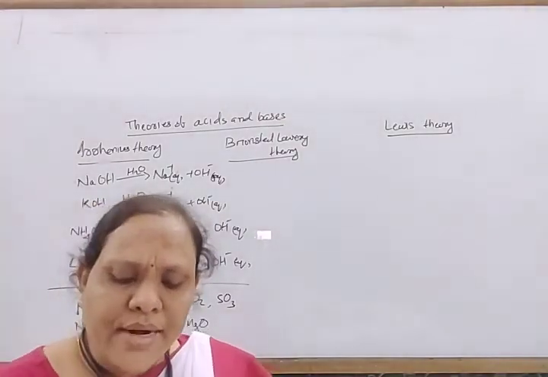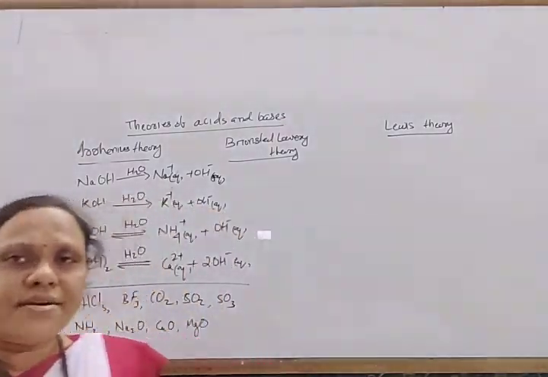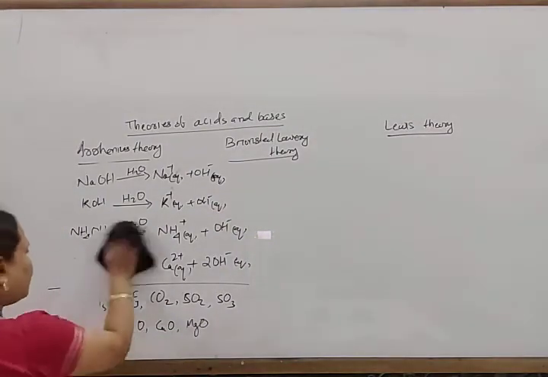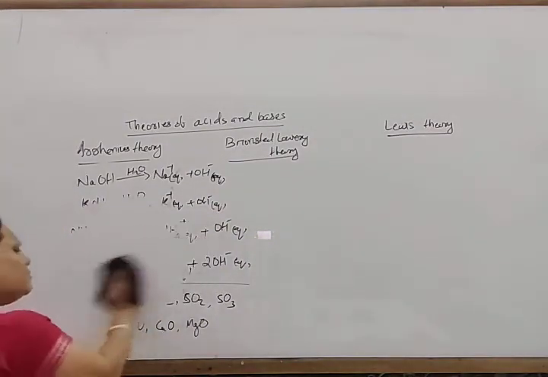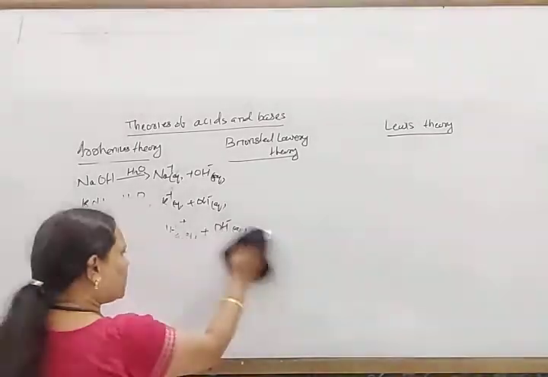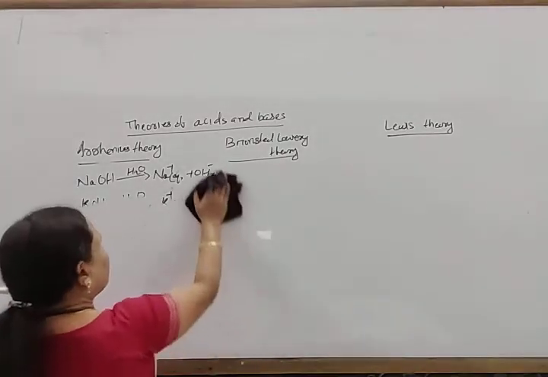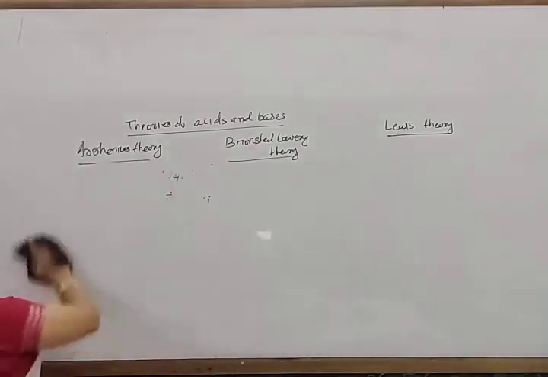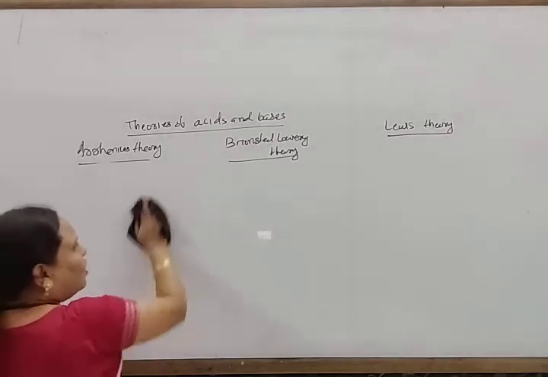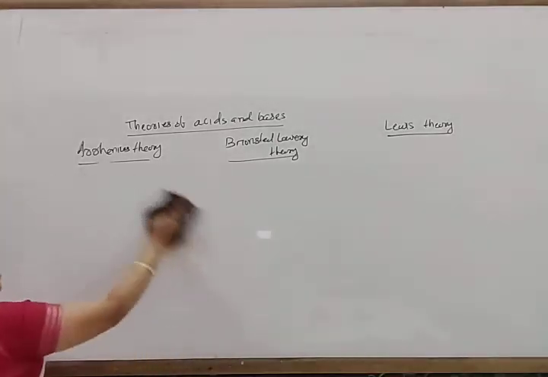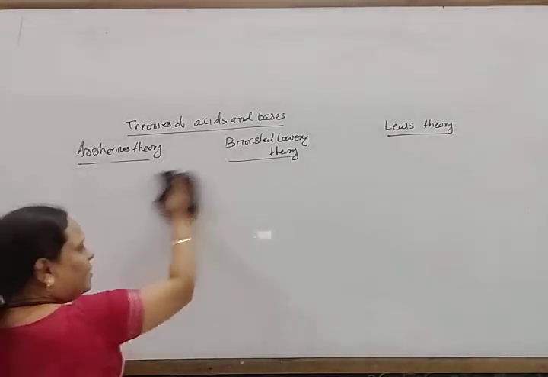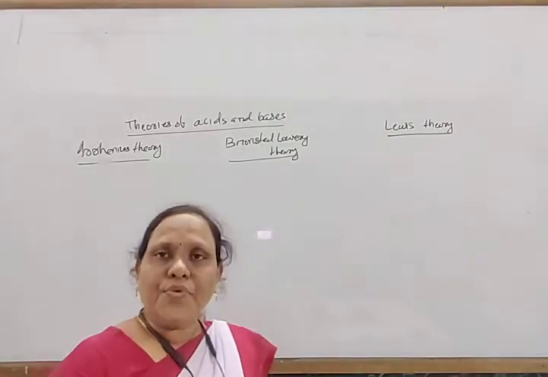But we can compare the strength of these acids and bases according to the Arrhenius theory by applying Ostwald's dilution law only. This is actually not applicable for strong acids or strong bases. This is generally applicable for weak acids and weak bases.